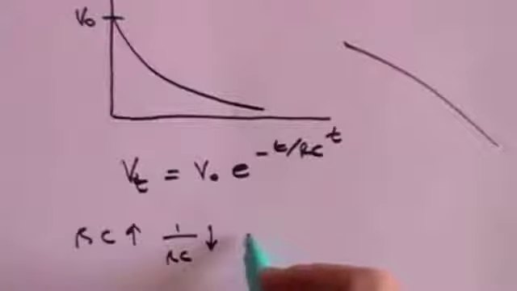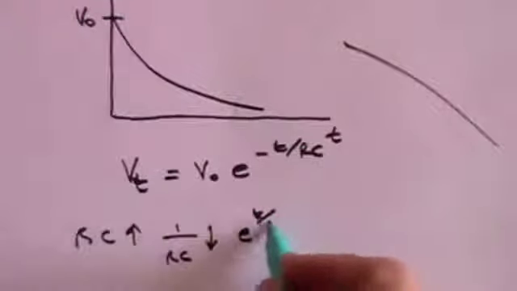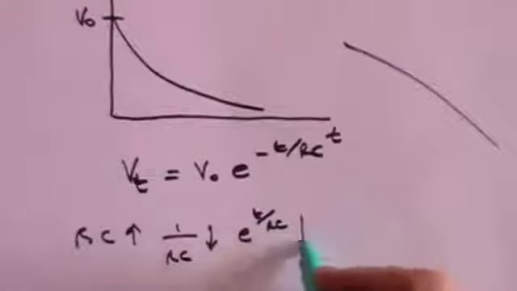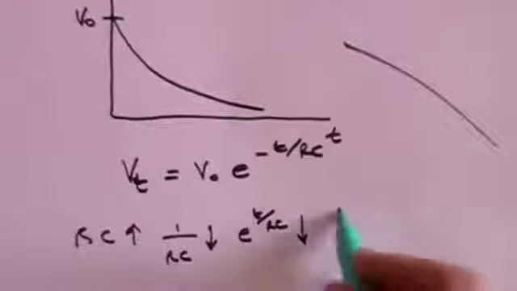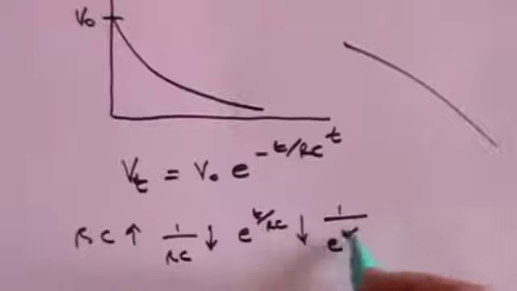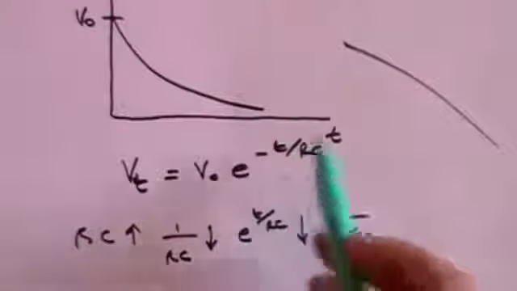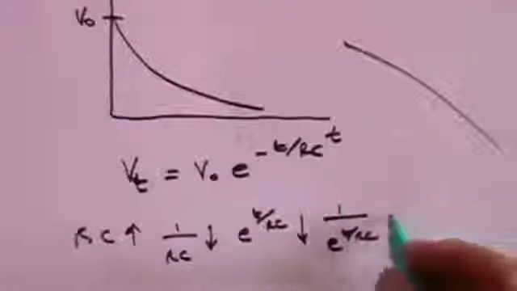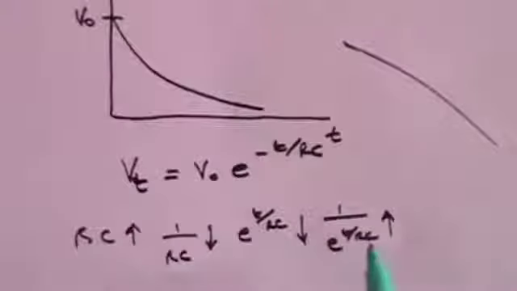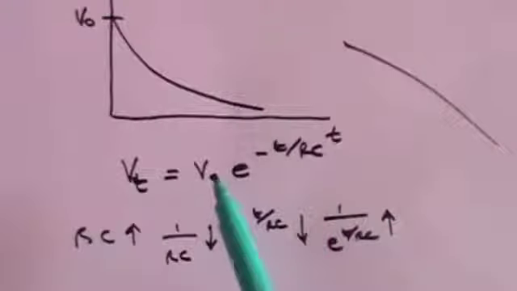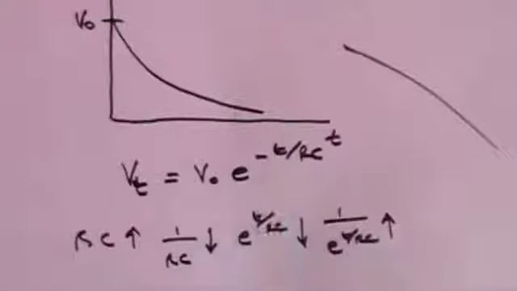And that means that e to the t over RC will be small, which means 1 over e to the t over RC, which is essentially what this is, will be large. So if you keep C large, then this term will be large, and therefore you will get a much smaller fall off in the voltage.